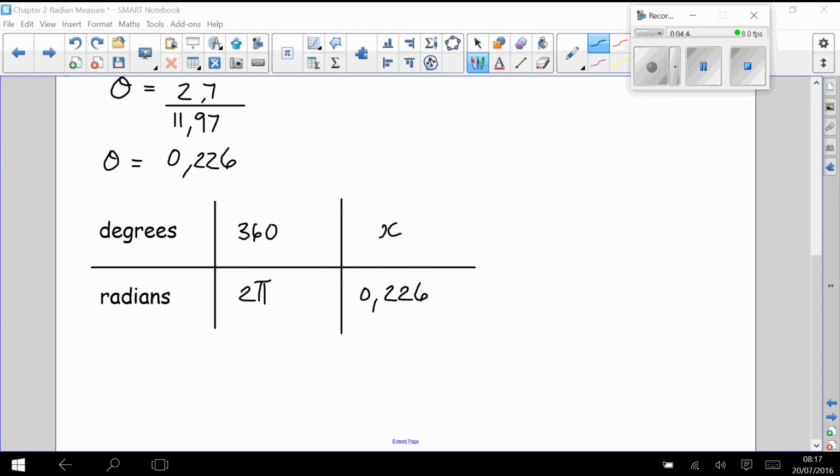By filling my information in my direct proportion table, I am able to cross-multiply and solve for x. So therefore, the measurement that I had in radians of 0,226 radians is going to give me an angle, which is the x that I'm solving for, and the angle is going to be 12,93 degrees.